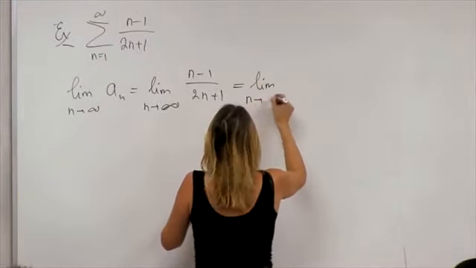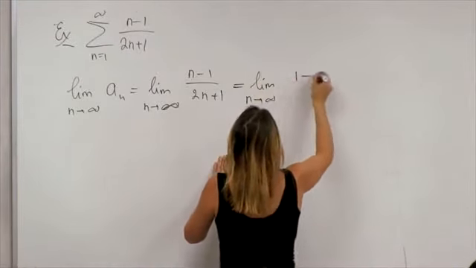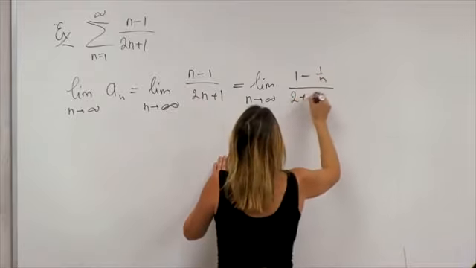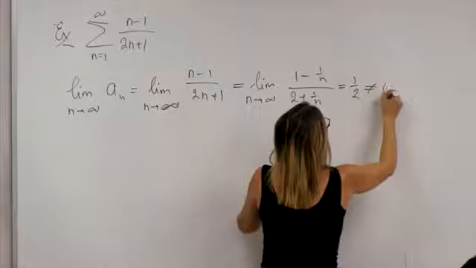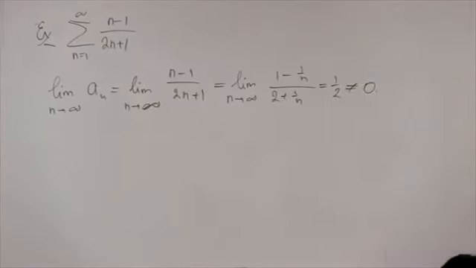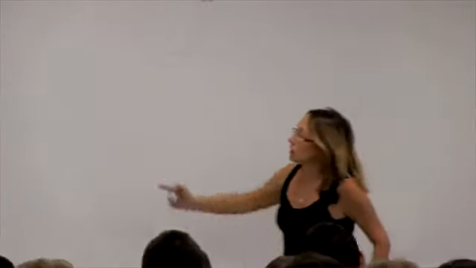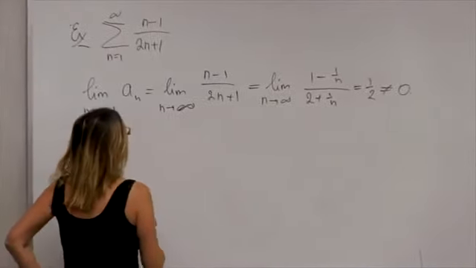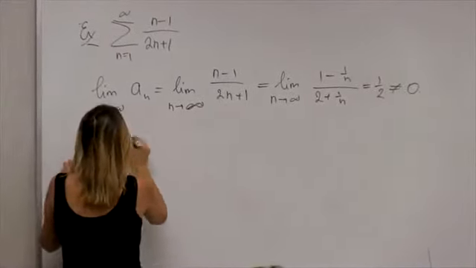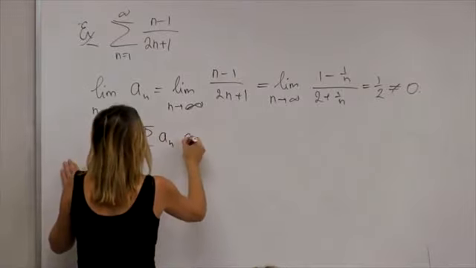So here we divide by n. These things go to 0, and that's a non-zero constant as predicted. And this means that the test for divergence tells you that an diverges.